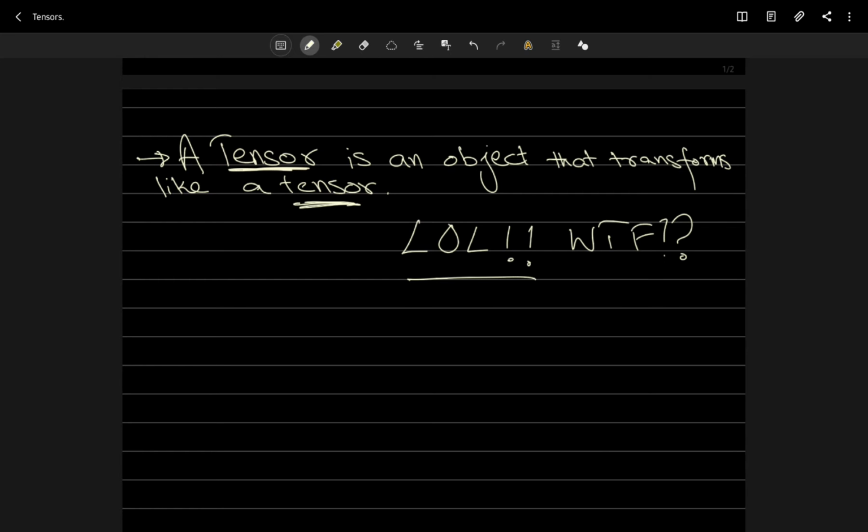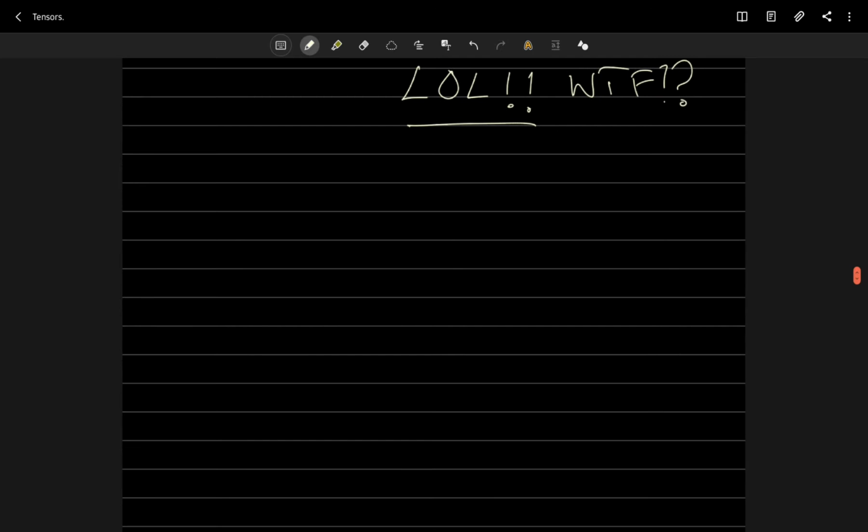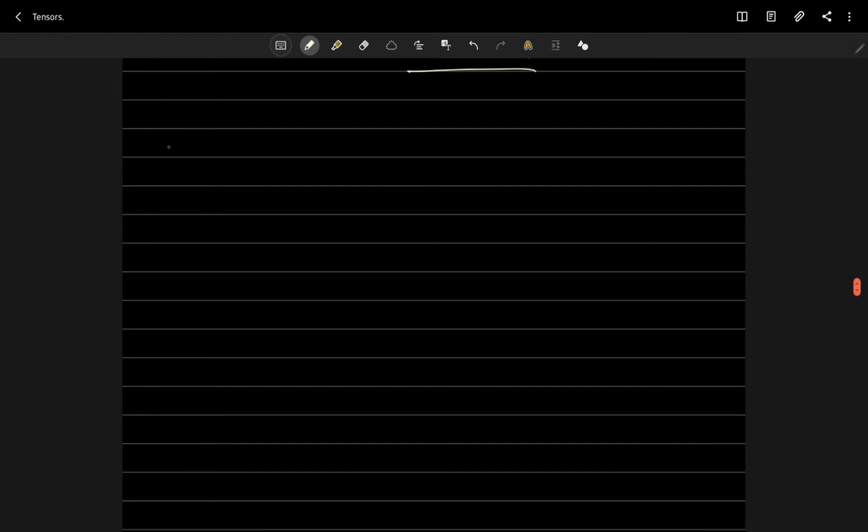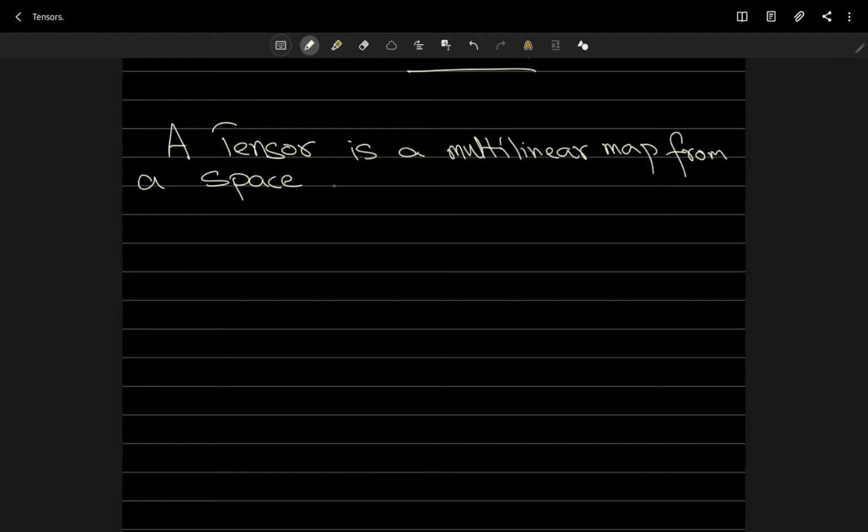The definition of a tensor that I prefer, the unpopular but much more fruitful definition, says that a tensor is a multilinear map from a space of vectors and dual vectors into the reals, so into real coordinate space.